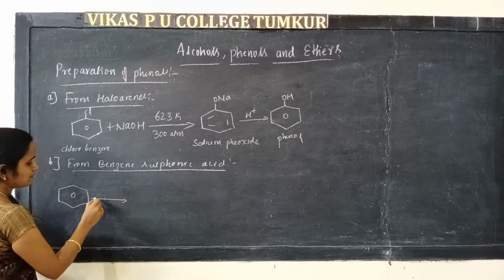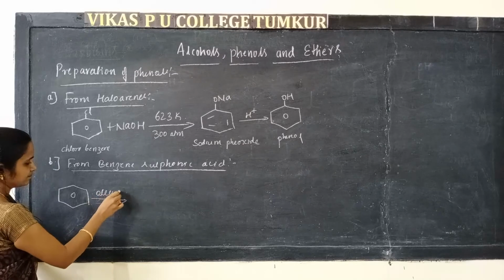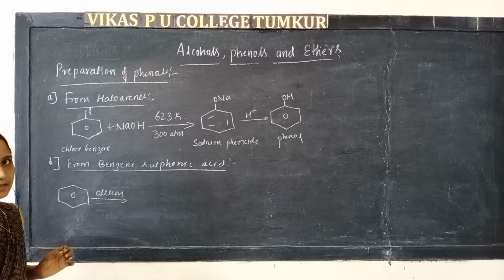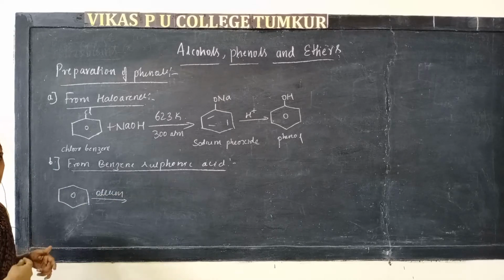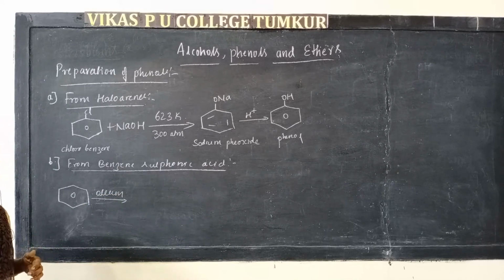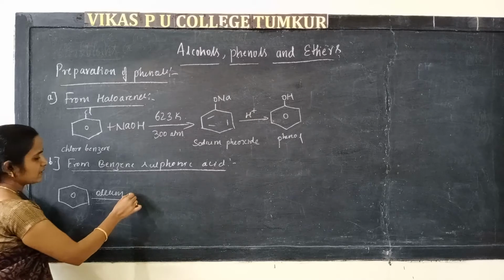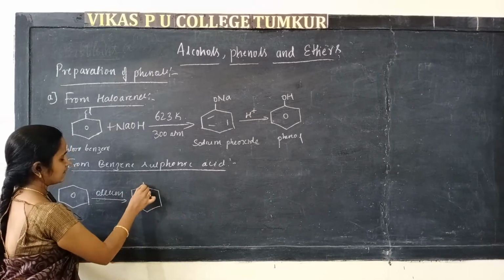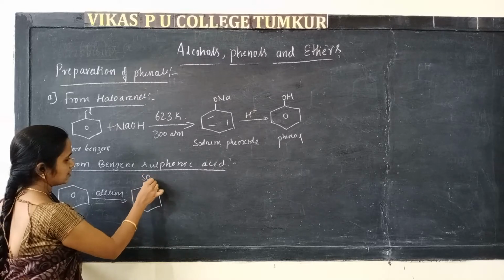This is treated with oleum, H2S2O7. At that time, we get benzene sulfonic acid, with SO3H on the ring.